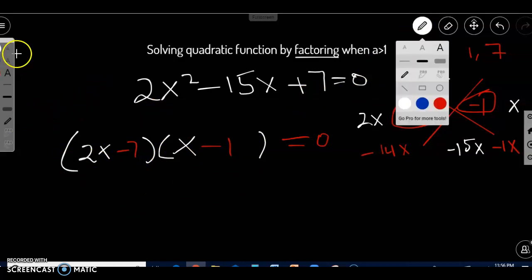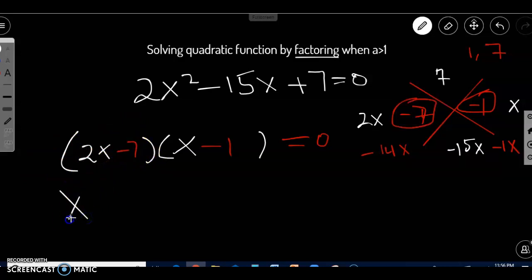So the solution, I'm going to teach you a quick strategy that you can do here. So here you're looking for the opposite. So the opposite of negative 7 is positive 7. The opposite of times is division, so you divide it by 2, so that gives you that.